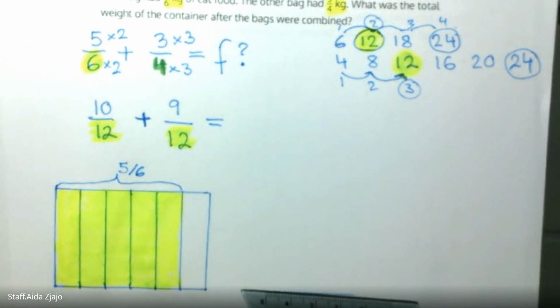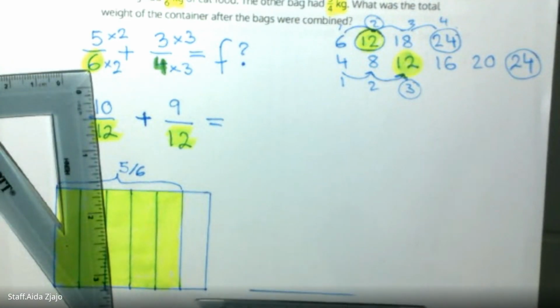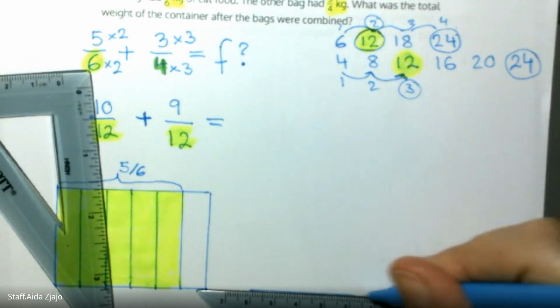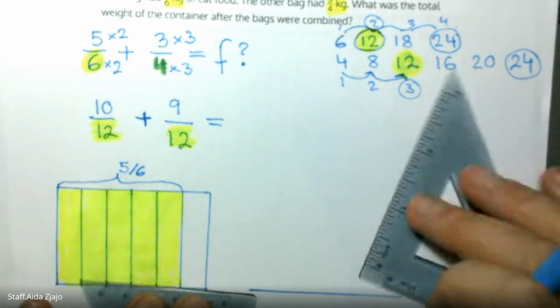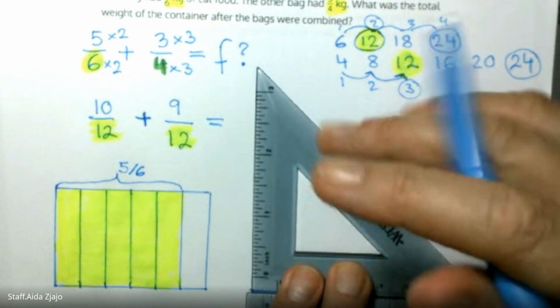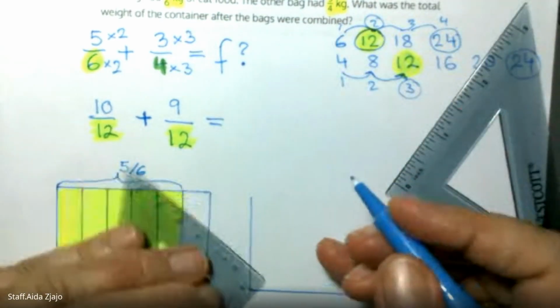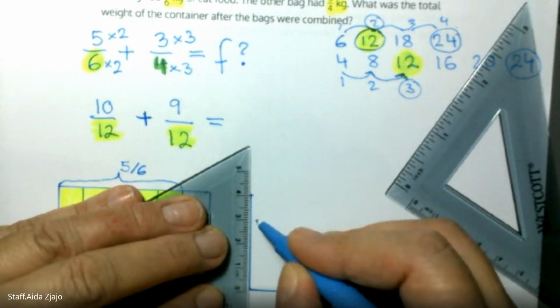I want to have 6 centimeters, so I can use this side, and I'm also going to use 4 centimeters up. So about here.